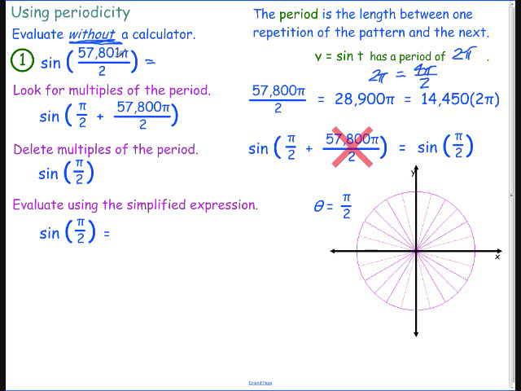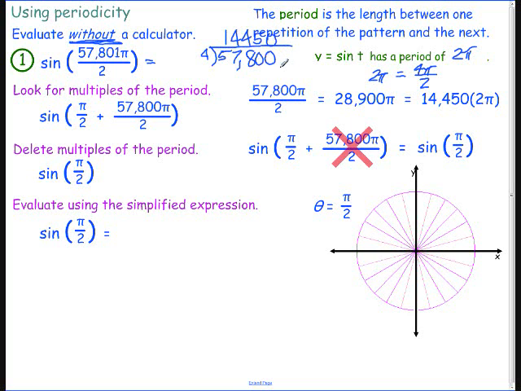If I take 1 pi over 2 out, I'm left with 57,800. Let's see, would 4 go into that evenly? We're going to try that. 57,800. So 4 will go into that once. And then 17 goes in 4 times, leaves us with 18, goes in 4 times, leaves us with 20, goes in 5 times.